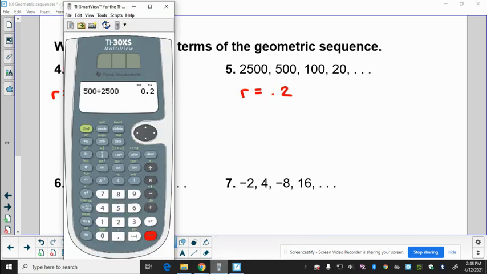And now I'm going to generate my sequence. So put my first number in, I multiply by 0.2. Now we'll see the first couple numbers of the sequence appear. And here comes the next three: 4, 0.8, and 0.16. Let's move on to the next problem.